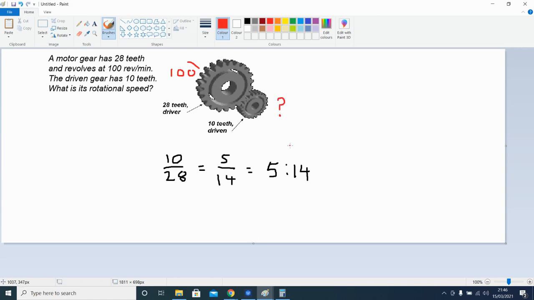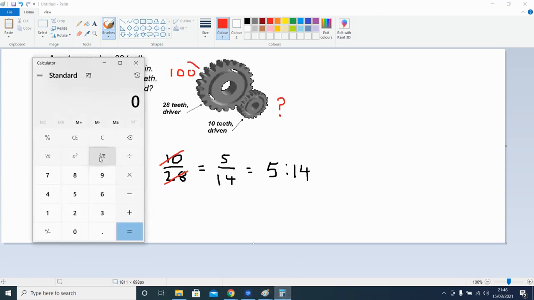So again, we get our ratio, which is 10 driven over driver, 10 over 28. And if we break that down, divided by 2, we get 5 over 14, which gives us a ratio of 5 is to 14. And just using common sense now, we can say that if our rotational speed is 100 revs per minute, we can divide that by 5, which gives us 20.